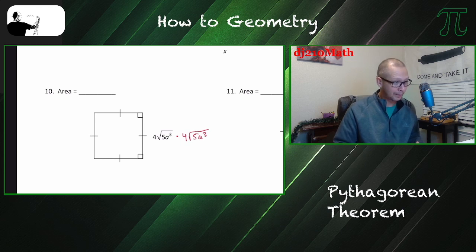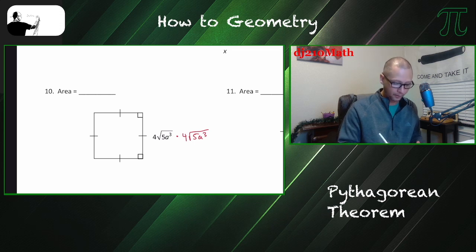When we multiply square roots, we can multiply the coefficients, then multiply the radicand, the part that's inside the square root. So 4 times 4 is 16 times, all right, the square root.